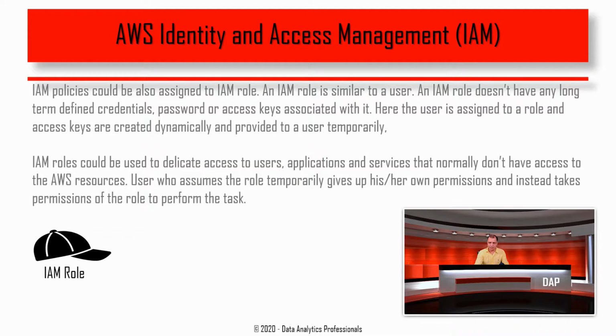Here the user is assigned to a role and access keys are created dynamically and provided to the user temporarily. IAM roles could be used to delegate access to users, applications, and services that normally don't have access to the AWS resources.